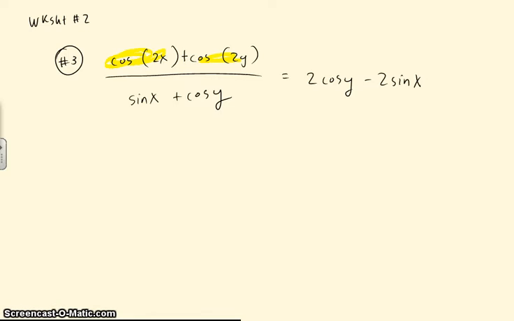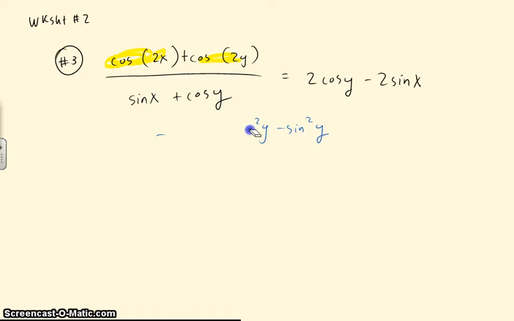Now, when I apply those identities, I know that I have lots of options of how to do it. I'll just do it like this: cosine squared of x minus sine squared x plus cosine squared y minus sine squared y. If I look at that, well, what's going to happen? I can't really do too much.